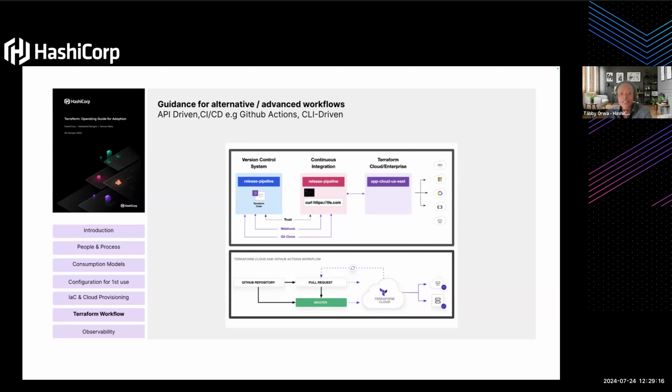Now, the API-driven workflow can be enhanced by leveraging pipeline templates. Again, we provide and maintain templates for GitHub Actions and GitLab. So let's take an example. A typical GitHub Action workflow includes generating a plan for each commit to a pull request branch, which can be reviewed in Terraform.